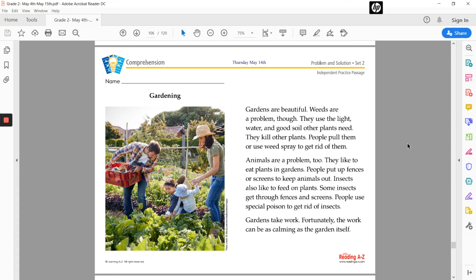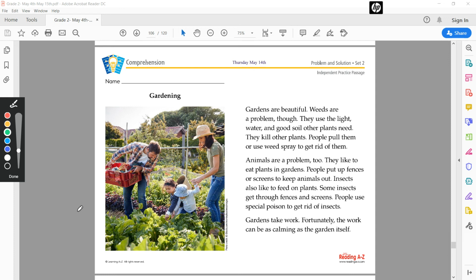Gardens are beautiful. Weeds are a problem though. Oh, I just heard a signal word. Problem. They use the light, water, and good soil other plants need. They kill other plants. People pull them or use weed spray to get rid of them.